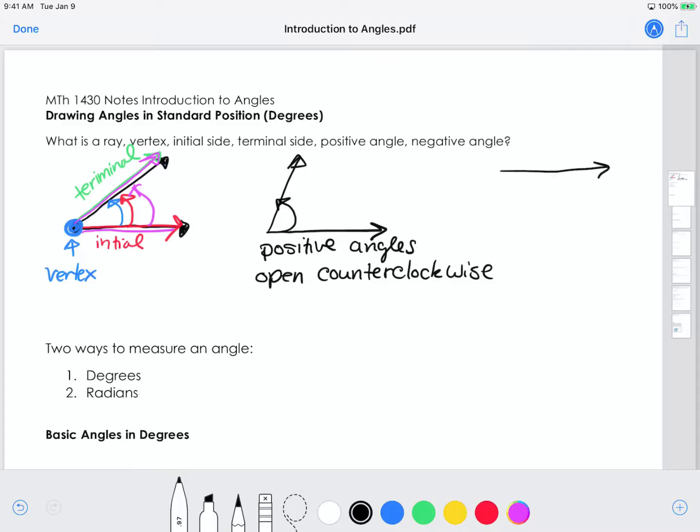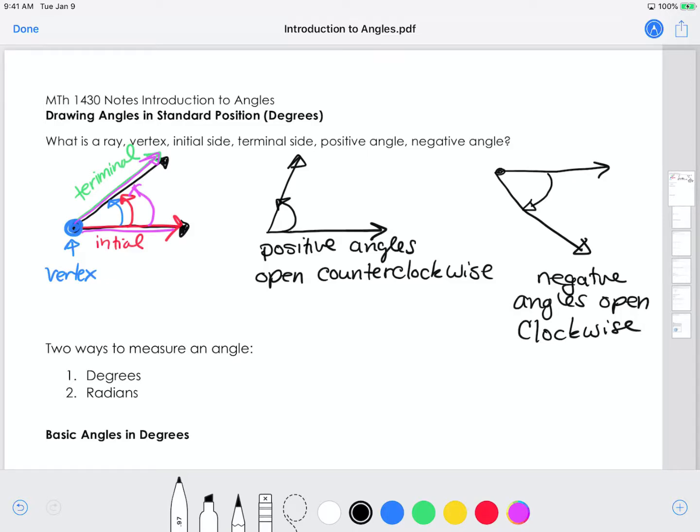If I draw my initial side and then I swing my angle open clockwise, then that forms a negative angle. So negative angles open clockwise while positive angles open counterclockwise.